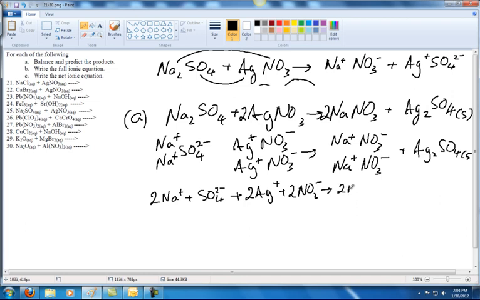Here there's going to be two Na pluses, whoops, and two NO3 negatives, and Ag2SO4 solid. Alright, so that's part B done. That's a full ionic equation.